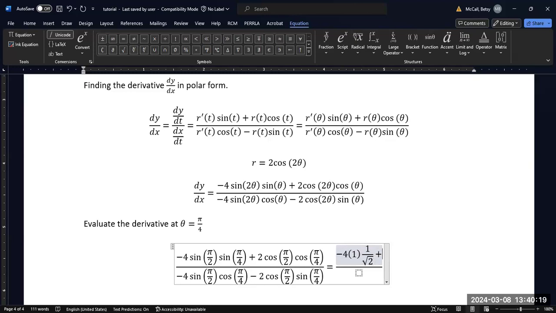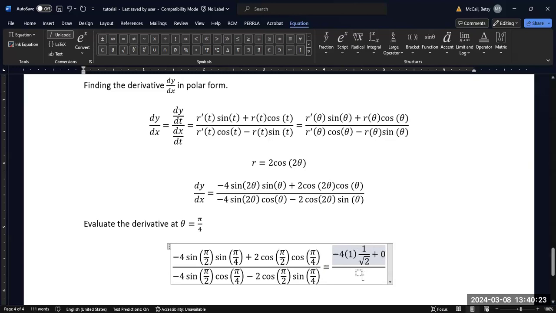Plus cosine of pi over 2 is going to be 0, because it starts at 1 and then it goes to 0. And then in our denominator, again, we're going to get negative 4 times 1. And then cosine of pi over 4 is also 1 over the square root of 2. But then minus 2 times 0 again.